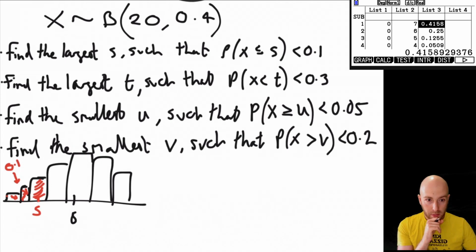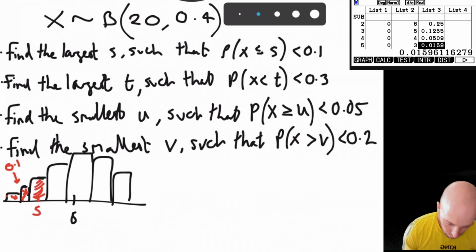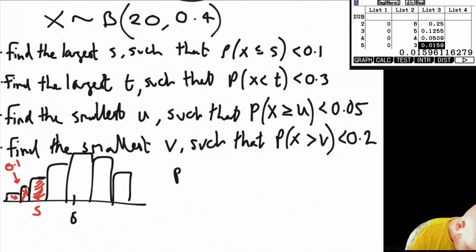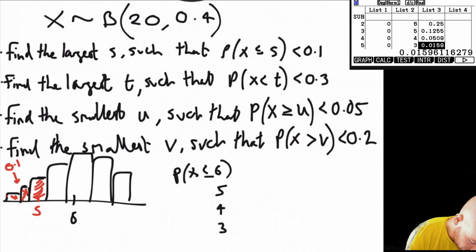I'm going to copy down a few of these just so you guys can see what's going on. So we've got the probability x is less than or equal to, let's go from 6, 5, 4, 3.